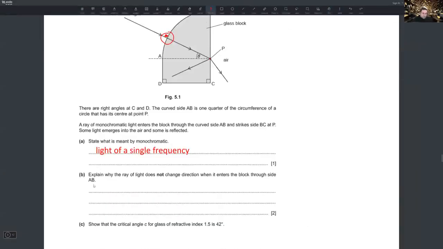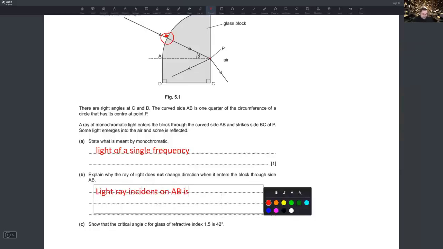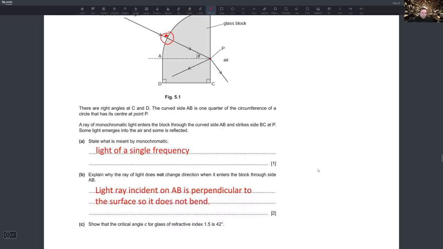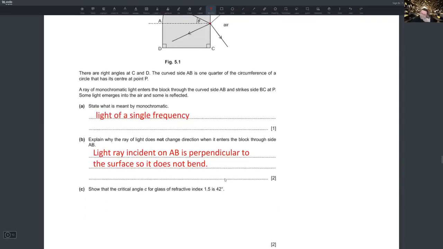So we say: because the light ray incident on AB is perpendicular to the surface, it does not bend or refract. You can also say: because the light ray has an angle of incidence of 0, the angle of refraction is 0 too. It doesn't bend. There is no change in angle because there is no angle to change. Okay?